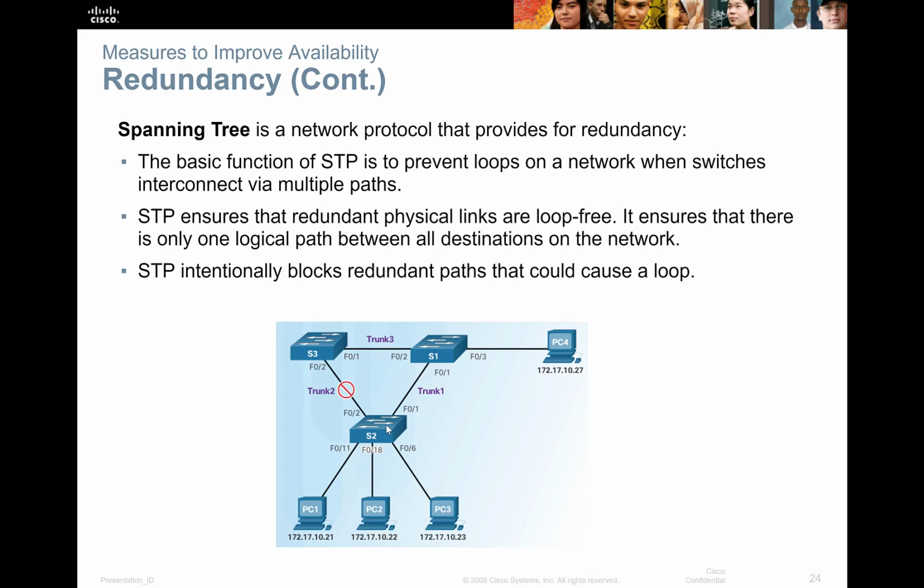So let's say information stops going over this trunk, then it's going to say, hey, trunk 3 must be down. We need to go ahead and turn trunk 2 back on. We're not going to have a loop if we turn this back on. So then let's say trunk 3 does go down, boom, this little red dot goes away, and now the data can go to switch 1 and then to switch 3, should something happen here.